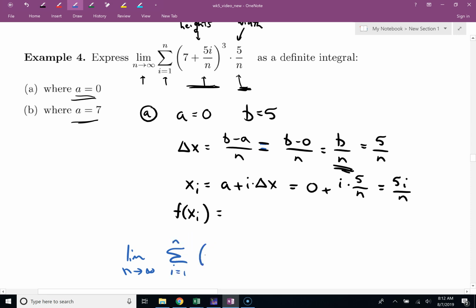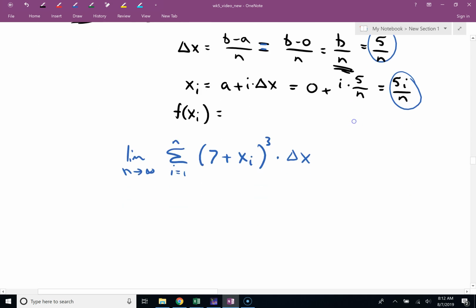And let's see, okay, I have 7 plus, and I can see here I have this 5i over n, and that's exactly what my x sub i is, 5i over n. So I'm going to put this x sub i, and this all gets cubed, times 5 over n, and that's exactly what my delta x is. So I'm going to put delta x. So this bit right here must be what my f of x sub i is.